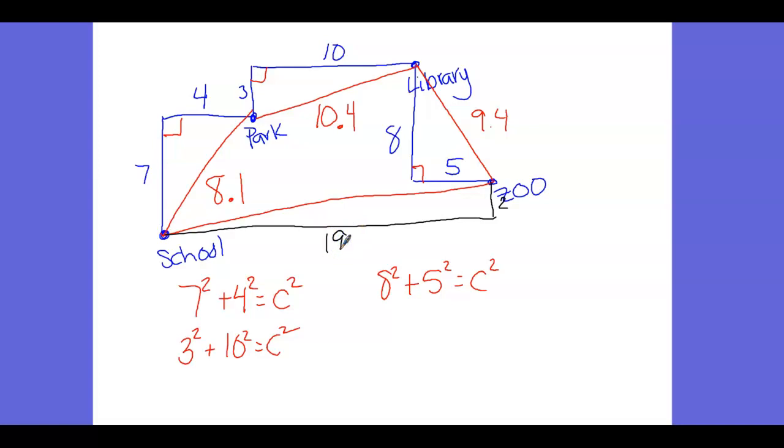Okay, so this would be my right angle right here. So again, I'm missing the c, so it'd be 2 squared plus 19 squared equals c squared. A and B have to touch this right angle. This is our hypotenuse. So this leaves us with C. What's the length of A? 2.